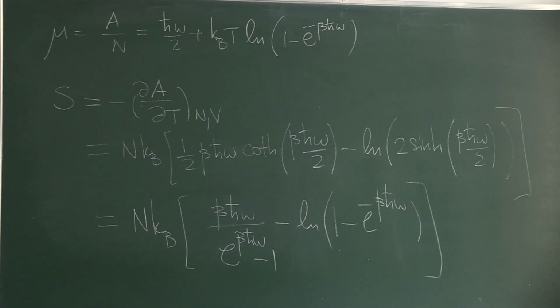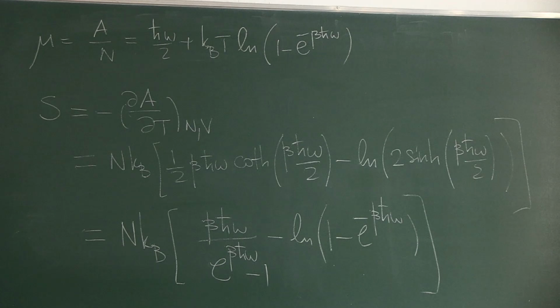Now you have to look at the low temperature limit, and at low temperatures this becomes exponentially small, as required by the third law of thermodynamics. So quantum mechanics fixes the problem in the classical approximation.